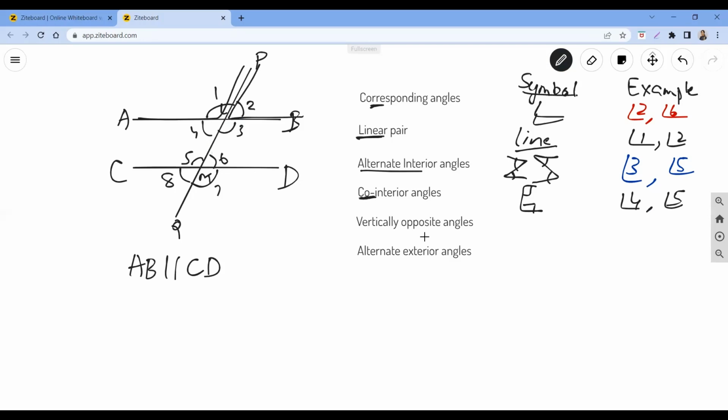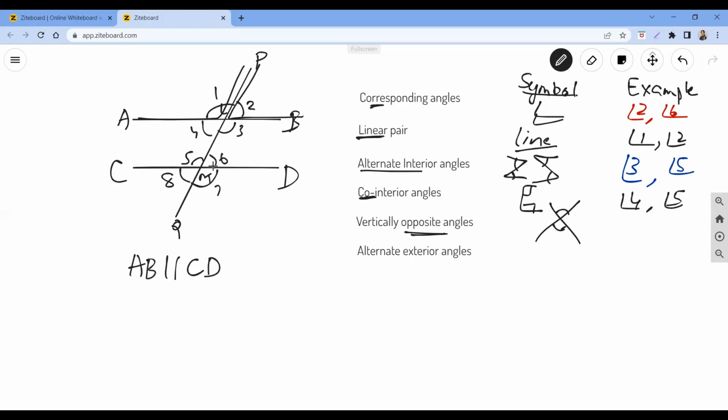Co-interior, done. Now vertically opposite. Opposite means what? Remember, it's like enemies. With enemies, what will you do? You will fight, right? When you fight, let's say this is one sword and this is one sword, and so you have angles like this, opposite to each other. If you see in this figure, there are many swords happening here.